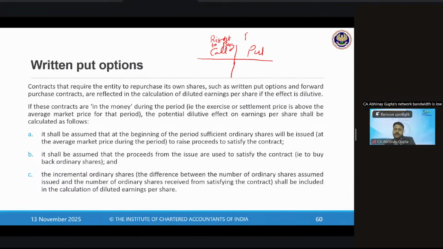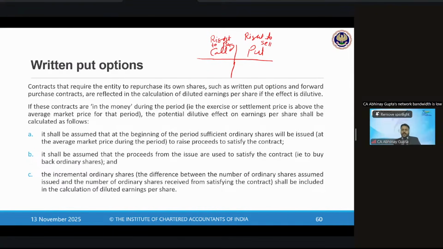Put means right to sell. So call means I have the right to buy the shares of the company, call option. Put means I can sell the shares of the company, the right to put them back to the management, or the right to call from the management.